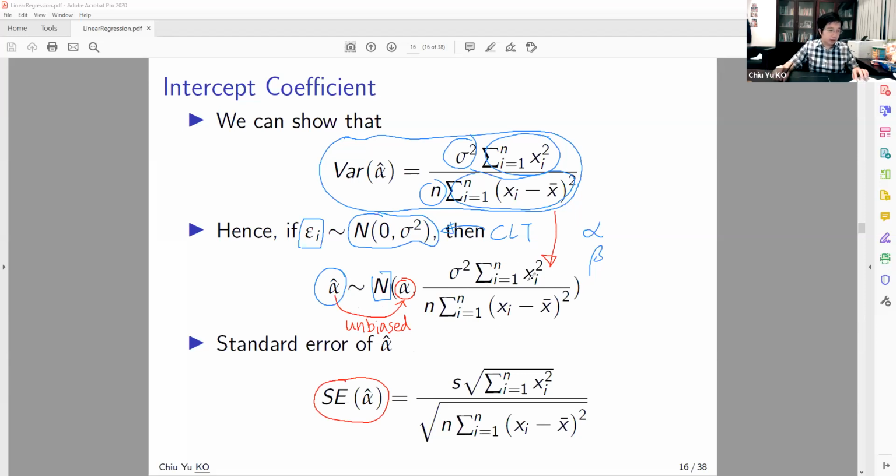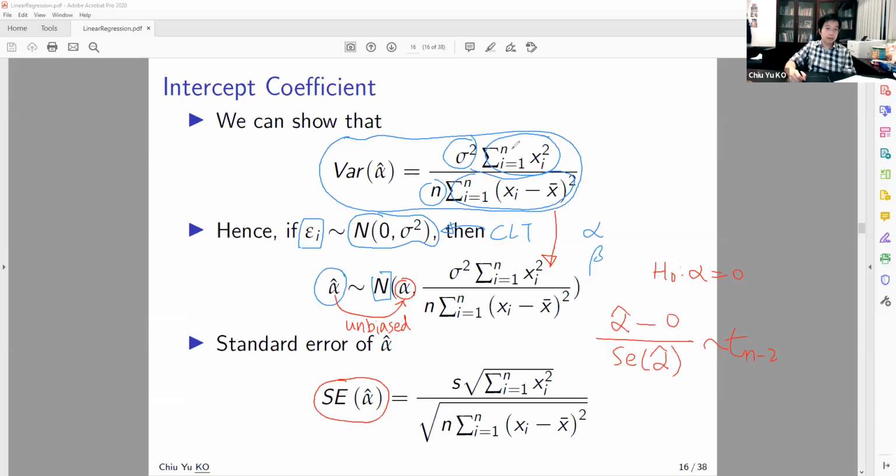So what is the significance of this? The significance is that we can then use the t-test. Suppose we hypothesize alpha is 0, then you take alpha hat minus 0 over the SE of this, and we have a t distribution with n minus 2 degrees of freedom, which will be given soon.